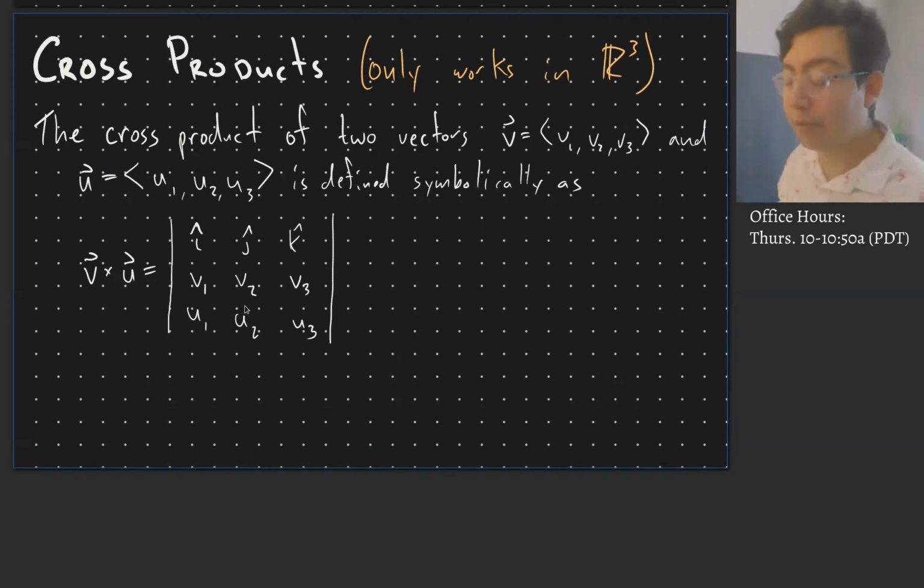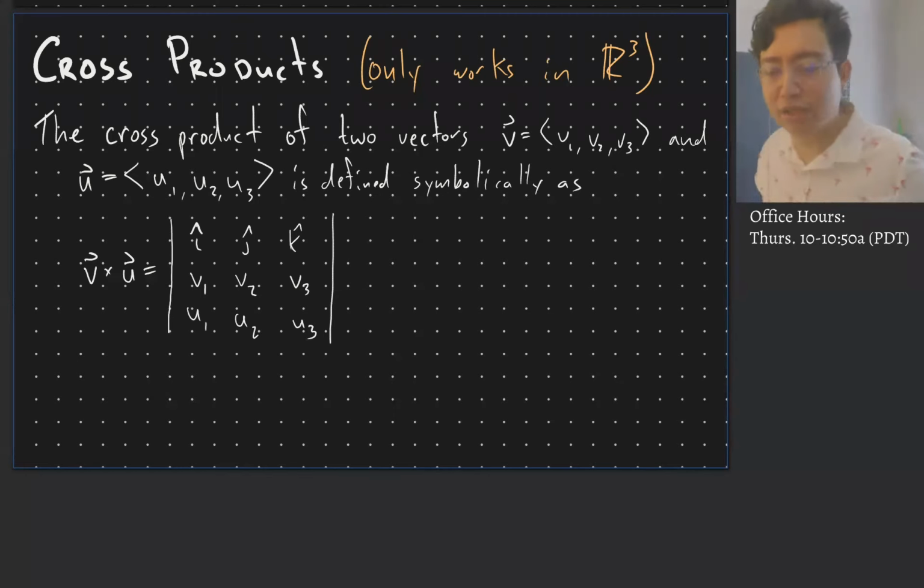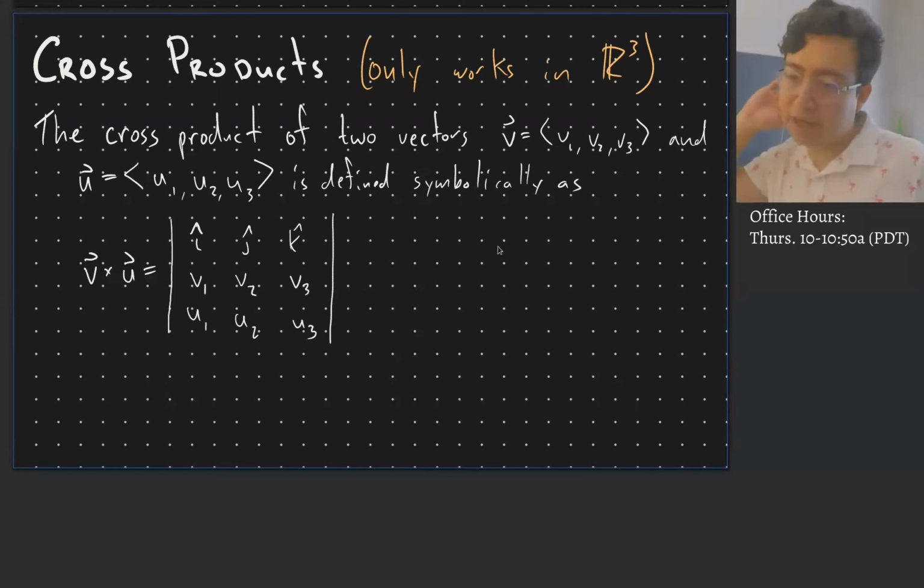That's just what we call the standard basis vectors, the 3 vectors i, j, k which generated the x, y, z axes, right? And then you have the coordinates for each of the vectors here. Okay. And you get this determinant here.